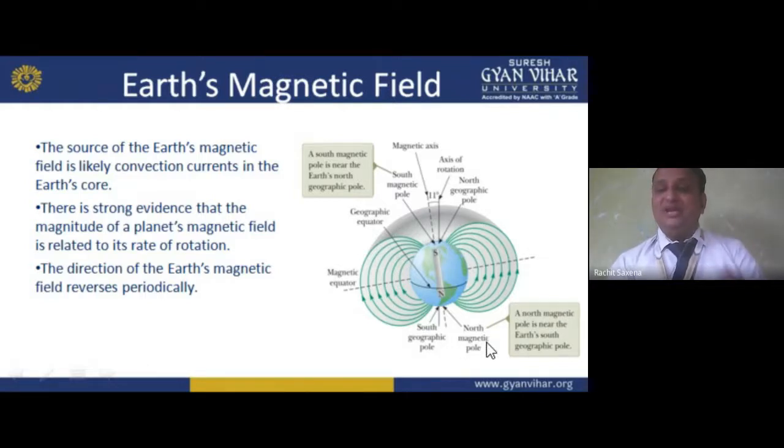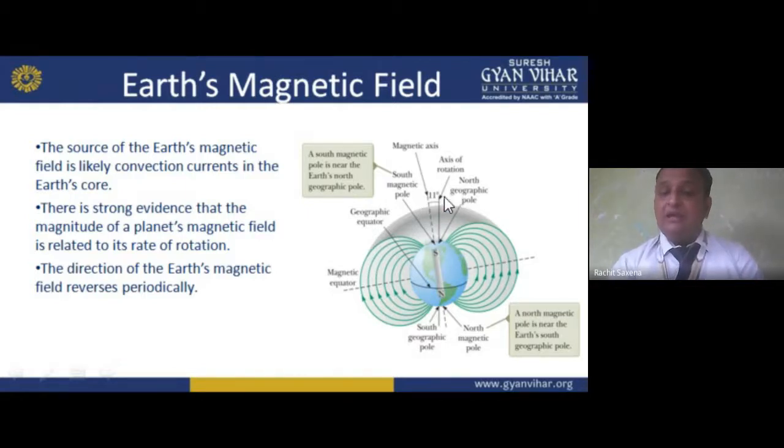So if I bury a giant rod of magnetic material, we can say a magnet bar, then what happens? It is attracted by here. So we can say it is the south geographic pole, but it is basically the north pole of the magnet. Here it is the geographic north pole of Earth, the axis of rotation. It is also shown here.